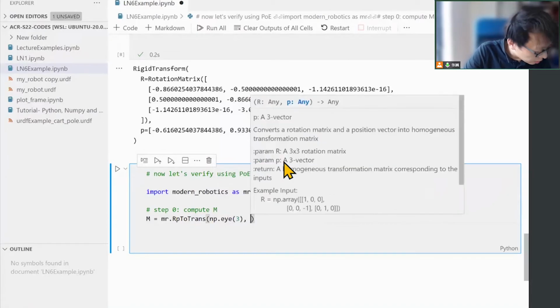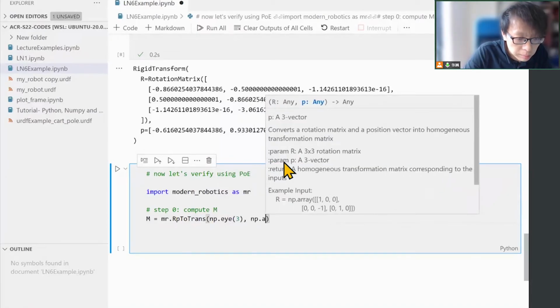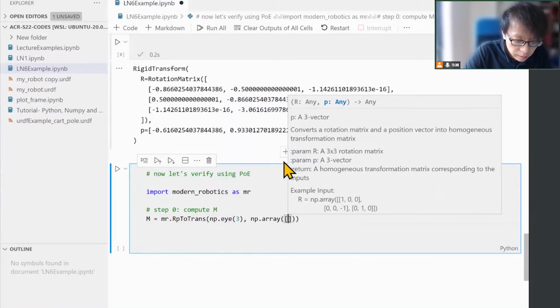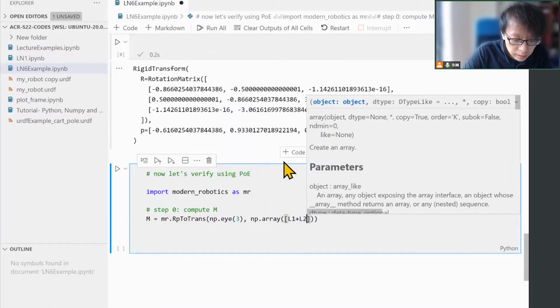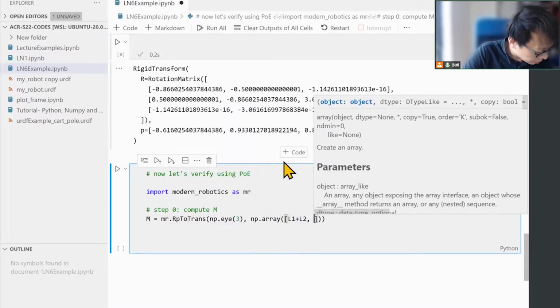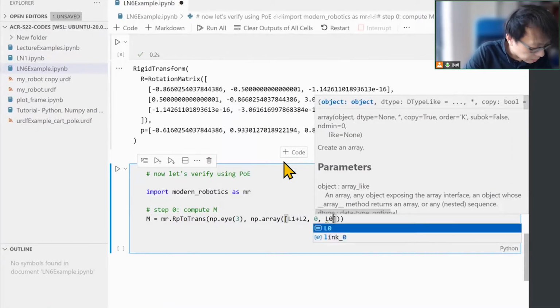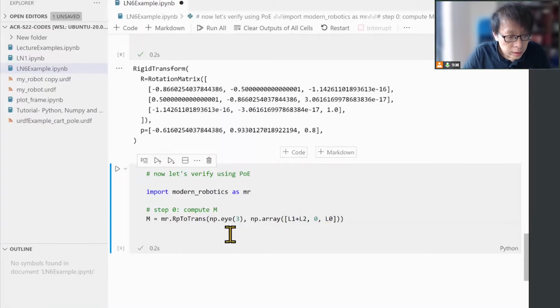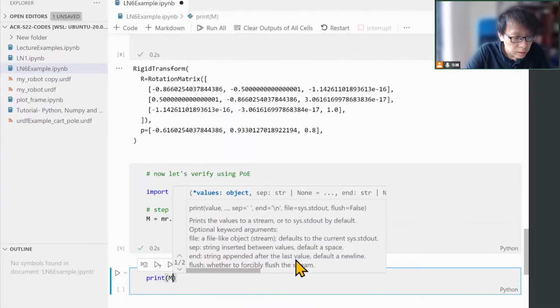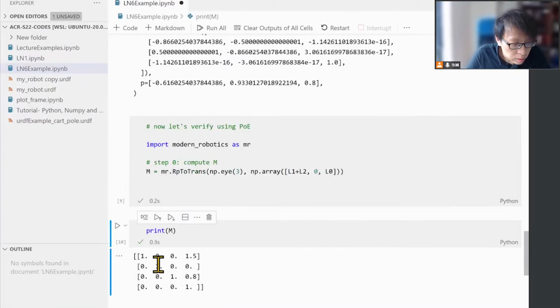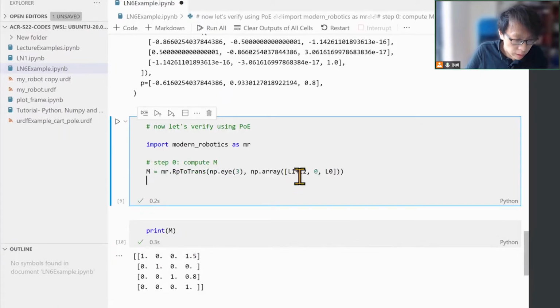And this numpy dot array: L1 plus L2 is the first element, the second one is 0, the third one is L0. We can print M. It is this 4 by 4 matrix. That's our M, first step.